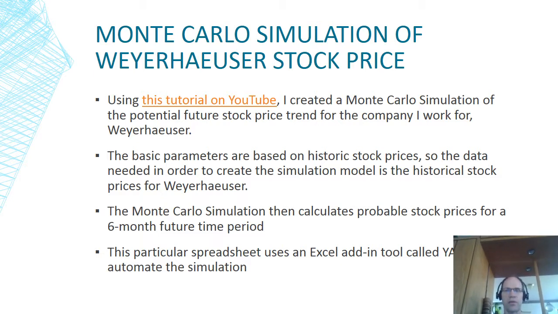So that historical stock price data for Weyerhaeuser was my basic data set. The Monte Carlo simulation then calculates probable stock prices for a 6-month future time period. And this particular spreadsheet uses an Excel add-in tool called Yosai that helps to automate that simulation.